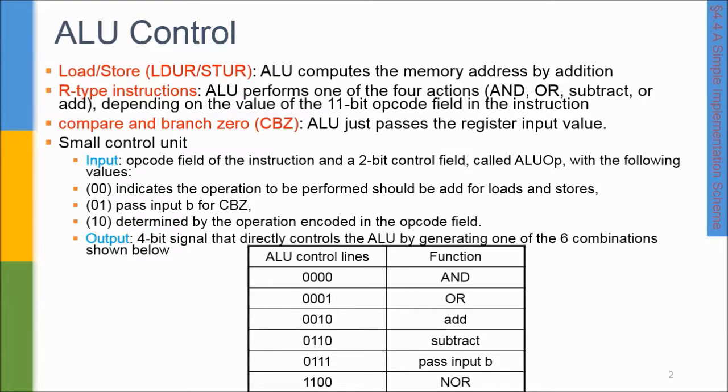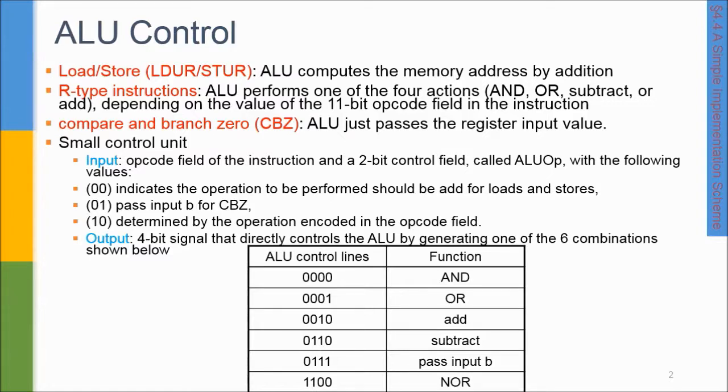So for a simple implementation scheme, we look at what might be thought of as a simple implementation of our LEGV8 subset. We built this simple implementation using the data path of the last section and adding a simple control function.